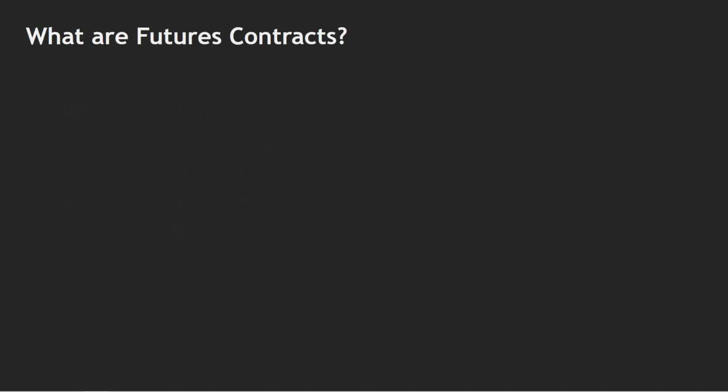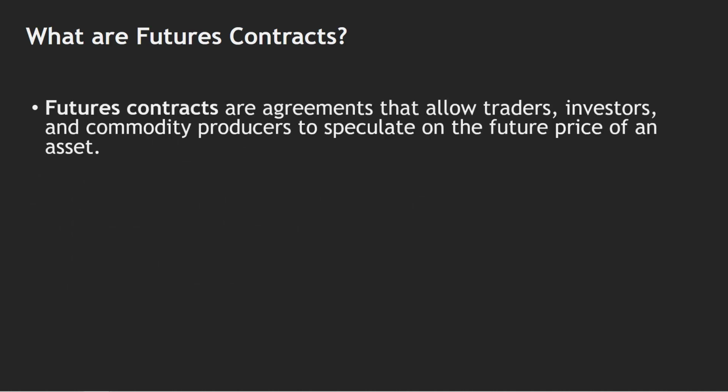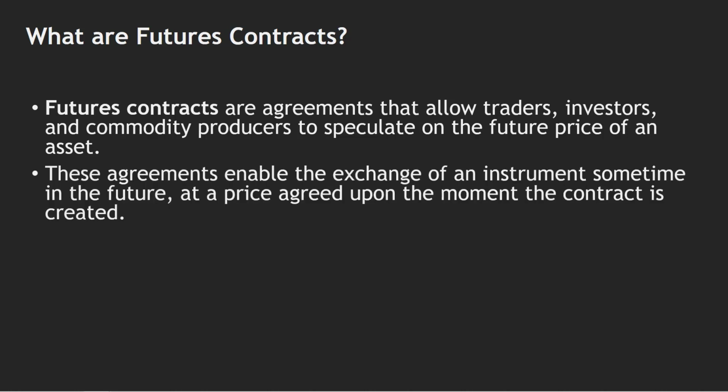What are futures contracts? Futures contracts are agreements that allow traders, investors, and commodity producers to speculate on the future price of an asset. These agreements enable the exchange of an instrument sometime in the future, at the expiration date from the moment the contract is created.